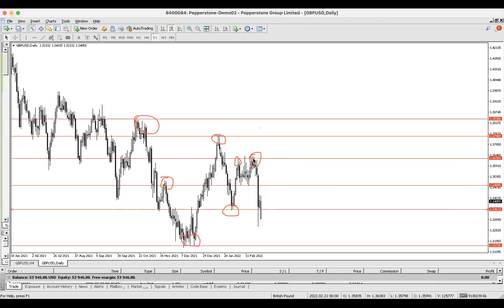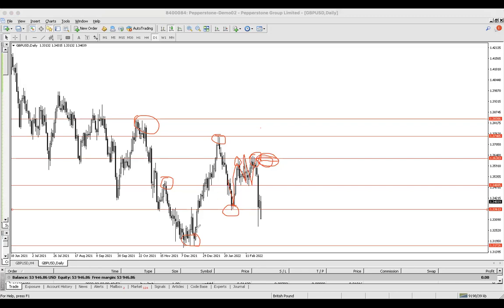Why did price turn here? It's because previously it turned. Like you can see here, price rallied, went up, down, went up again, down, went up again. There was resistance there, right?